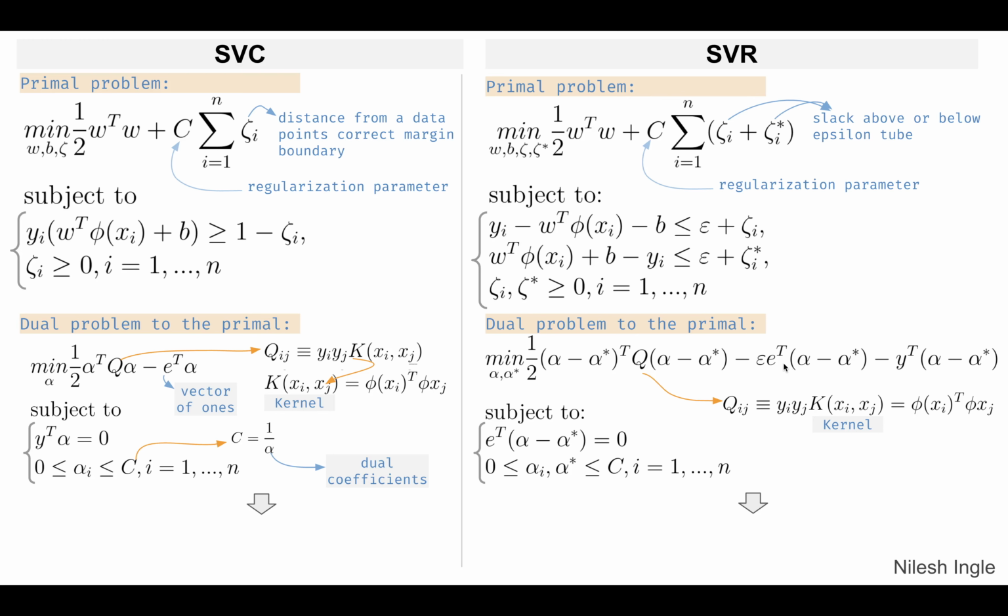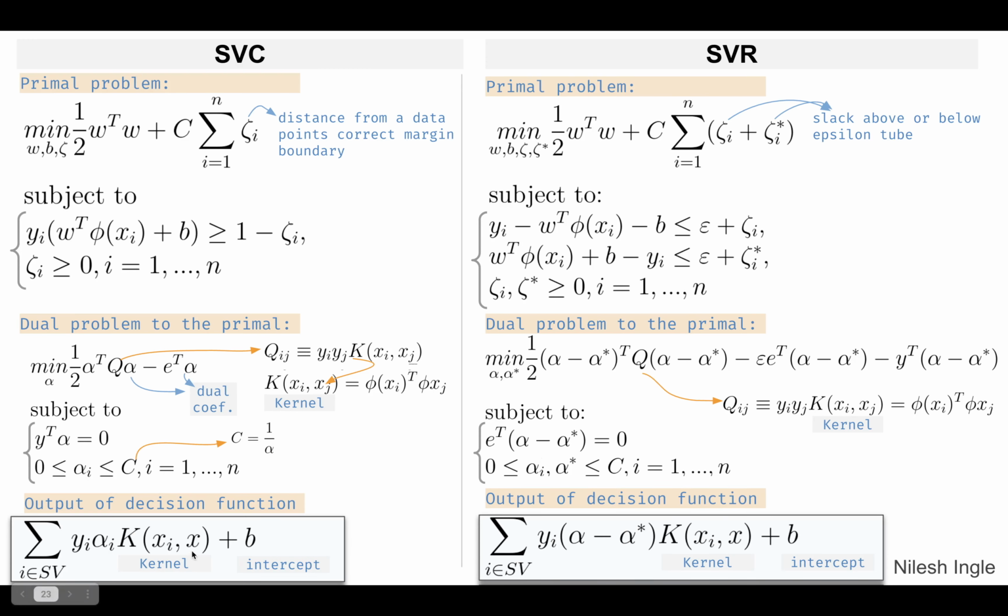And same thing on this side for regression, except that now we are taking a difference between alpha and alpha star, and we have these additional terms on the right-hand side for this minimization task. And these again are subject to these conditions that are listed here.